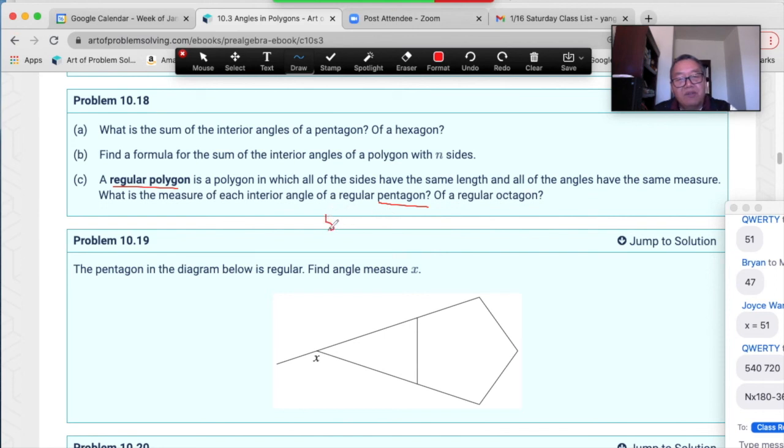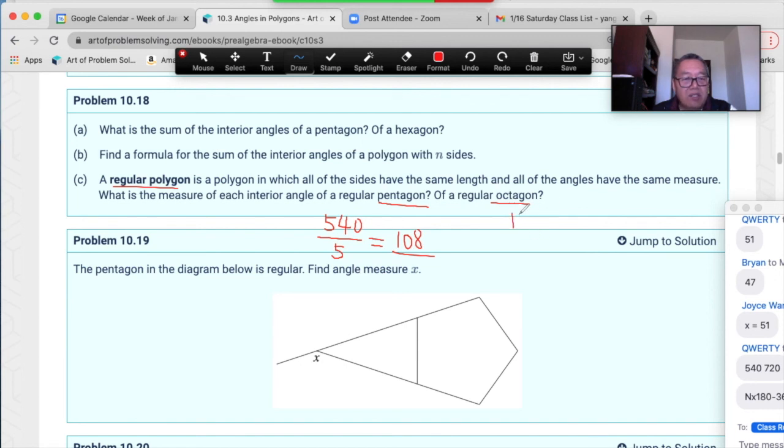You can use 540, the sum of all interior angles in a pentagon, then divide by 5. That gives you the measure of each angle in a regular pentagon, that's 108 degrees, right? Then they ask you what is the measure in the regular 8-sided octagon.